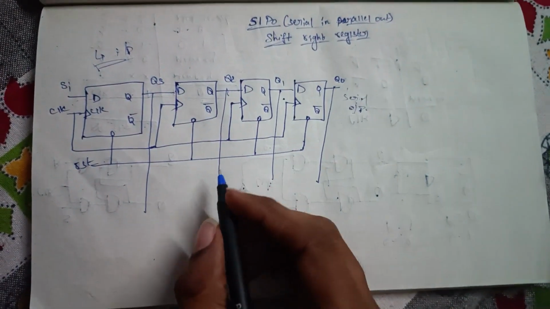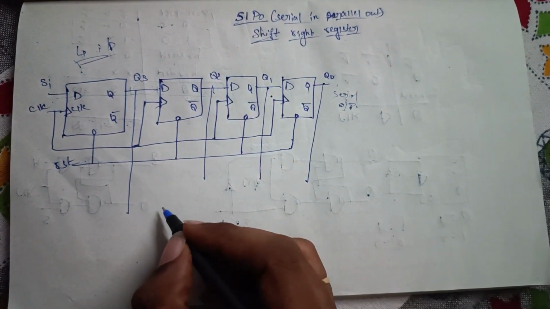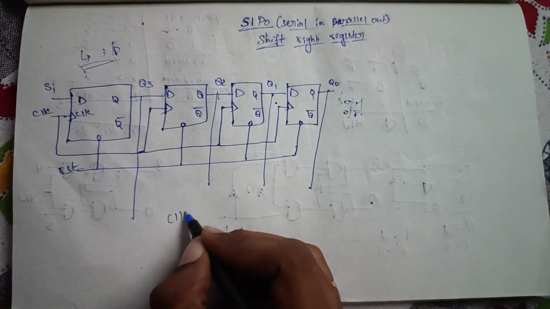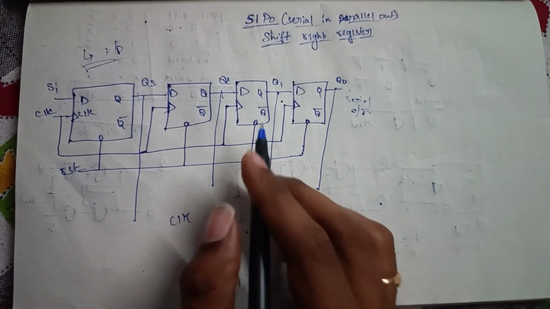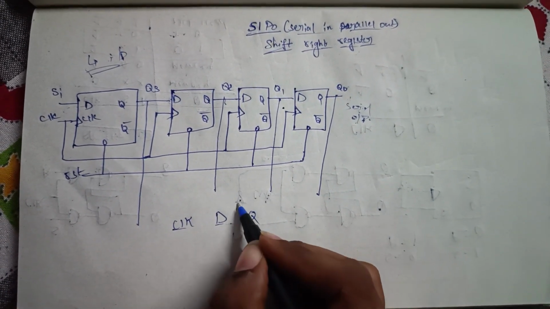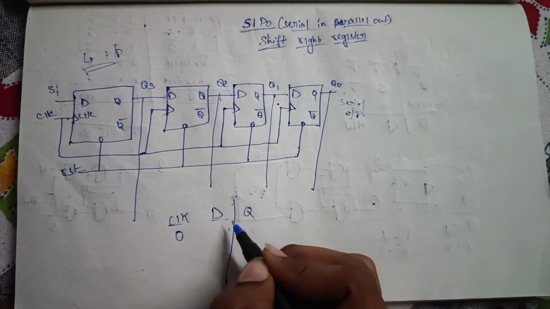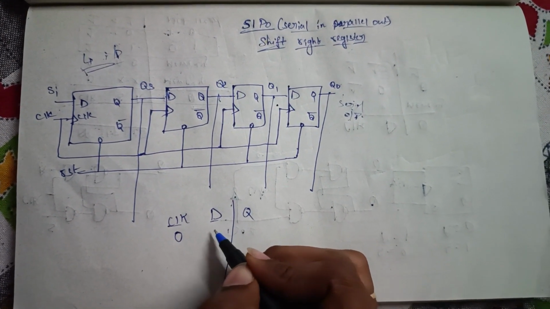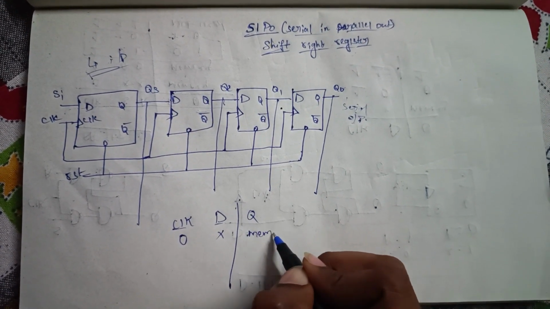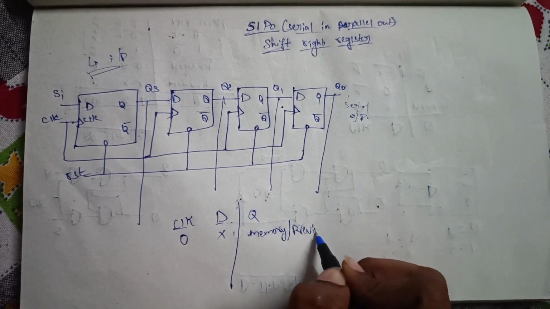Before that, we will briefly see the operation of this circuit. Before going to the operation, we will just recall our D flip-flop truth table. In a D flip-flop we have clock, D and Q. When the clock is 0, irrespective of the input, Q stays in the memory state, or the previous state.